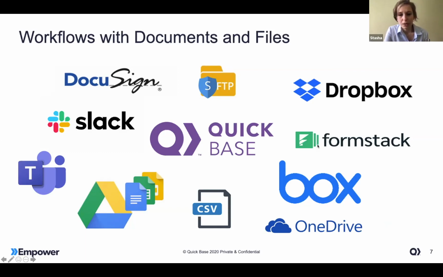Formstack Documents will process the creation of custom-made documents, templates that are automatically filled with information from specific QuickBase records. DocuSign will enable and track the process of signing, approval, or rejection. And in Slack, we'll keep real-time notifications on status change, process transitions, actions, action prompts, and links to specific documents.